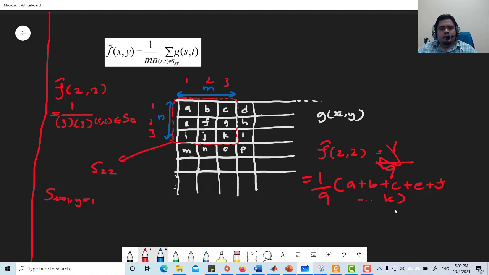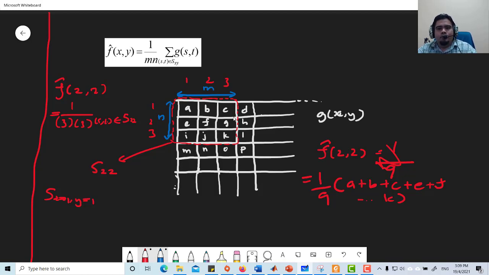Okay, that's how you calculate. So at the end you add together A, B, C, E, F, G, I, J, K divided by 9. Okay, that is if you want to find F22. Of course, that is only for F22, this point.